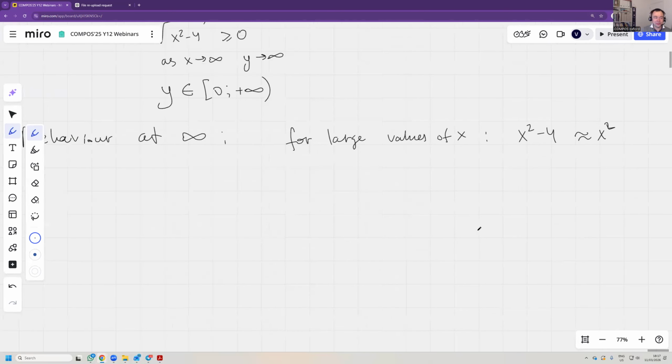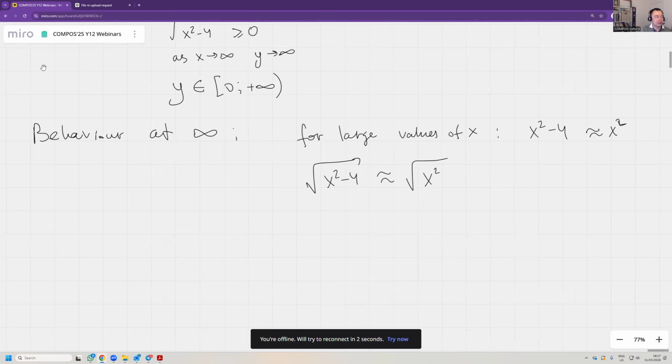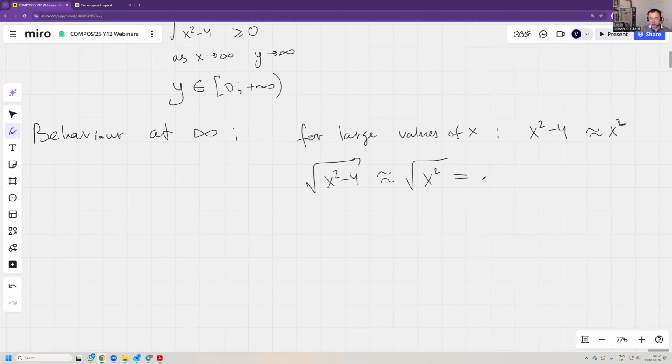And therefore, square root of x squared minus 4 is pretty much the same as square root of x squared, which is, well, actually, it's modulus x.